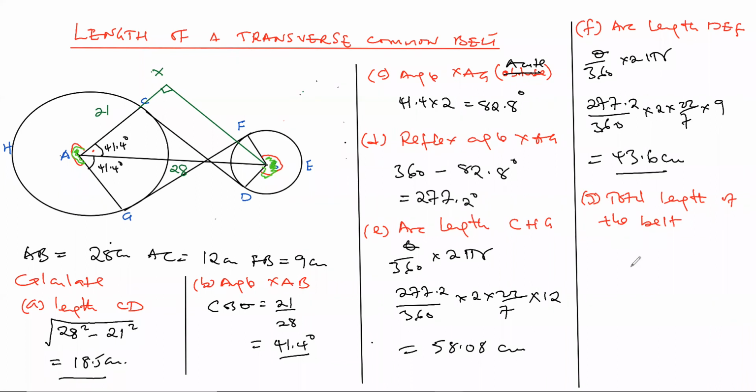So itakuwa, the first I got 18.5 plus another 18.5 plus 58.1 plus 43.6. So when you add all that, what do you get? 138.6 centimeters. Hivyo. Haya, so hapo tunasema kama kuna mwenye ako na question anauliza.